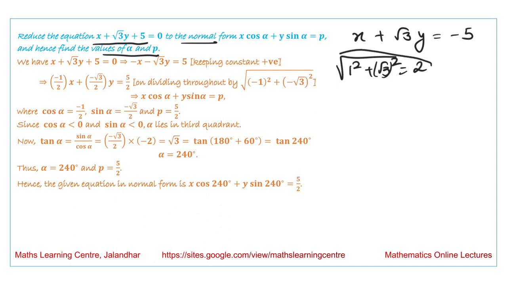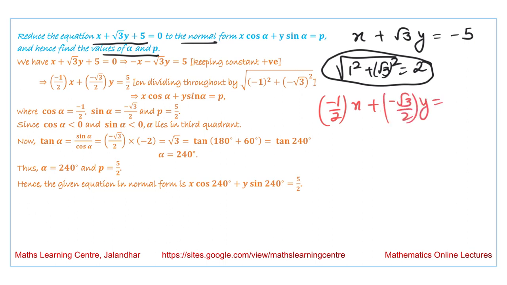So if we divide both sides of this equation by minus 2, this equation will become minus 1 by 2x plus minus root 3 by 2y is equal to 5 by 2, as the minus sign gets cancelled. Now we are writing minus 1 by 2 corresponding to cos alpha, this is corresponding to sin alpha, and this value we have is p. Again both these values are negative.